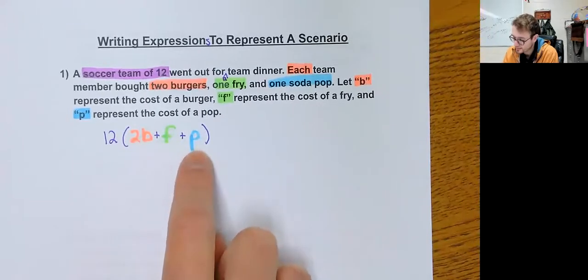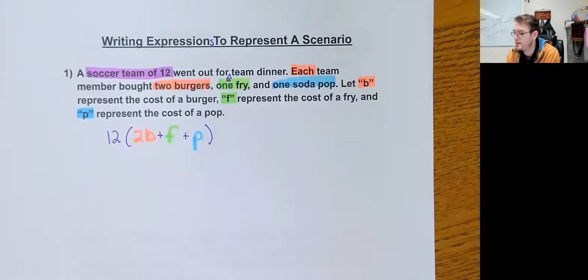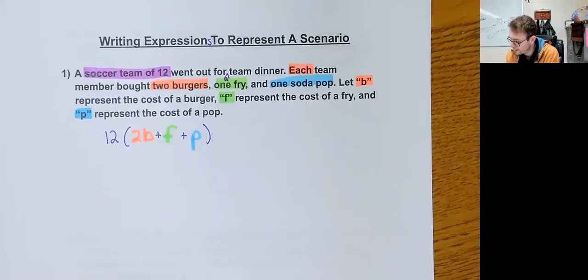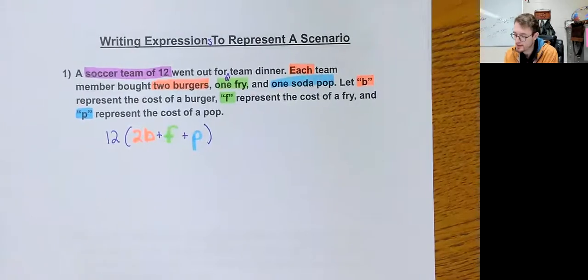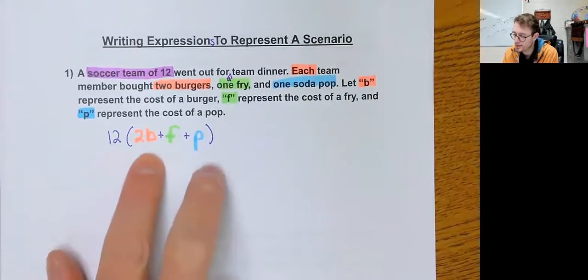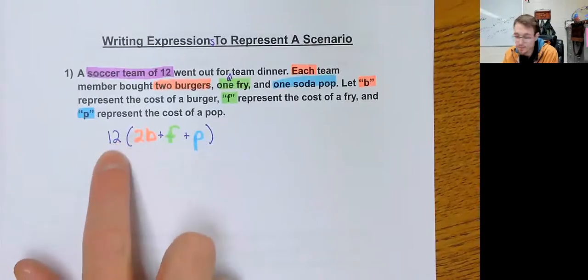All right. Now there's other ways I could have written this. What if I wanted to maybe find out how many total burgers plus total fries plus total pop? Because this is like, okay, here's the total cost times 12 people.